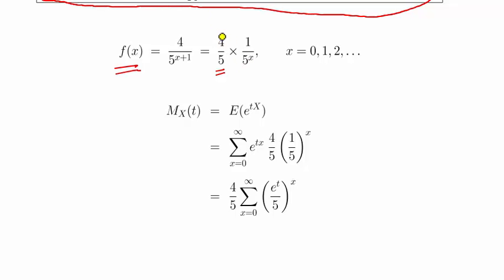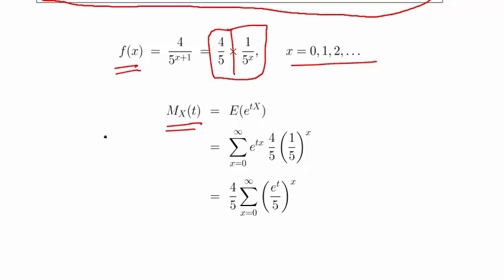Essentially what I want to do here is get out a constant term and remove it, to simplify the expression as much as possible, and also to break it up into two simple expressions. Decomposing it as 4 over 5 and 1 over 5 to the power of x is probably the simplest way. It's an informed decision, okay? So, anyway, let's get stuck into it.